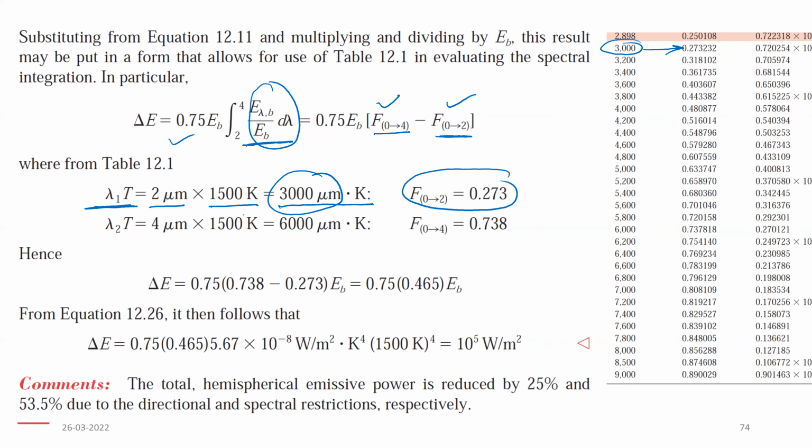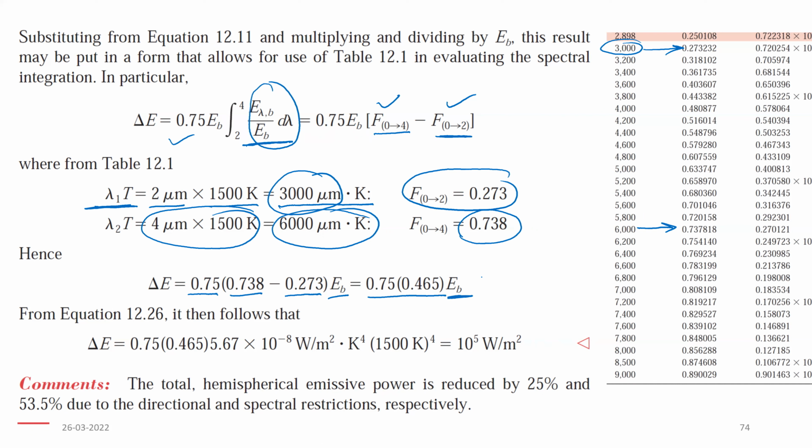Then we calculate 4 into 1500, which comes out to be 6000, and corresponding to that we have the value 0.737818. We have taken 0.738 after rounding off, and then we are left with 0.75 times 0.738 minus 0.273, times EB.